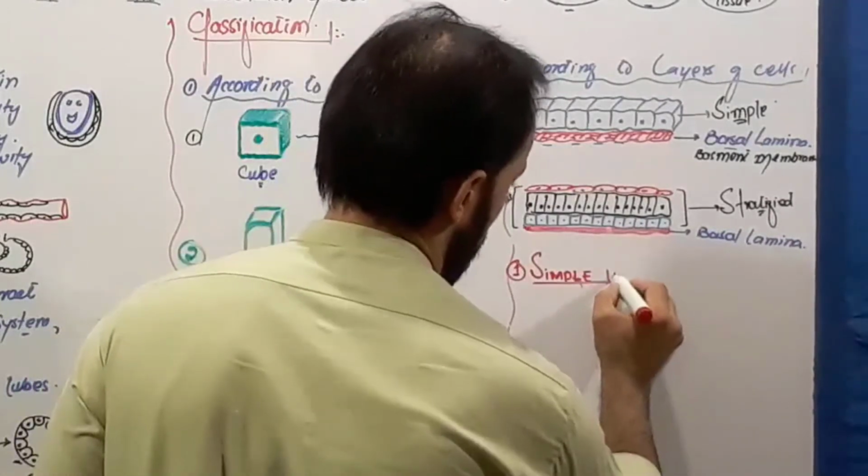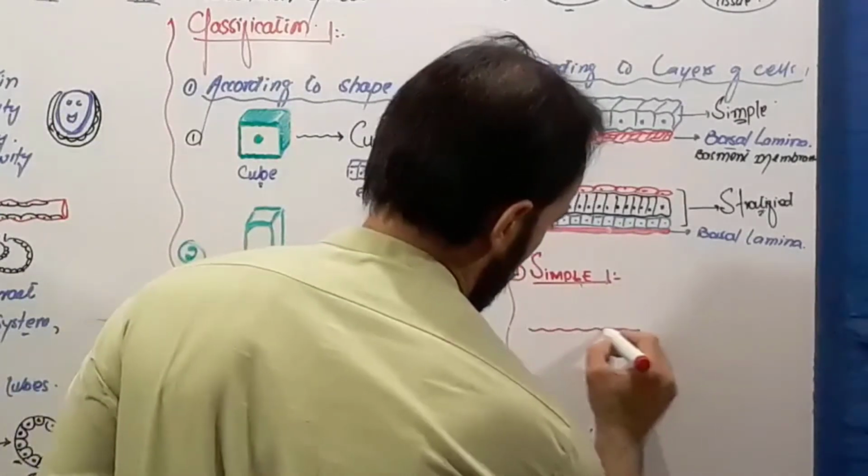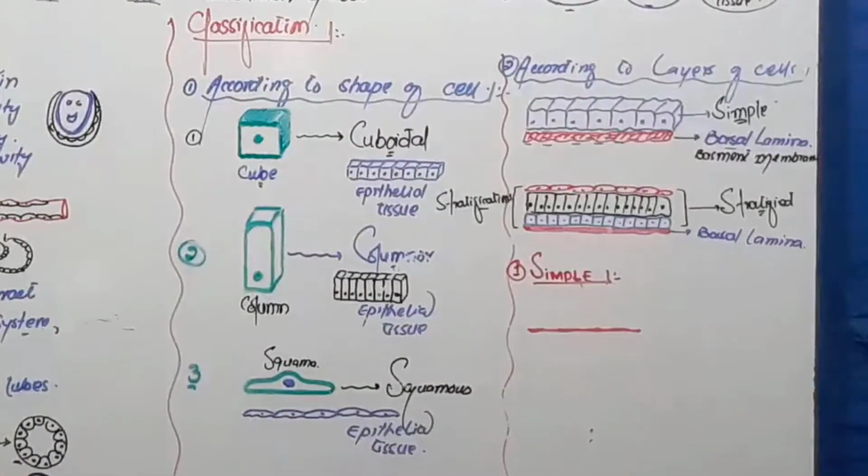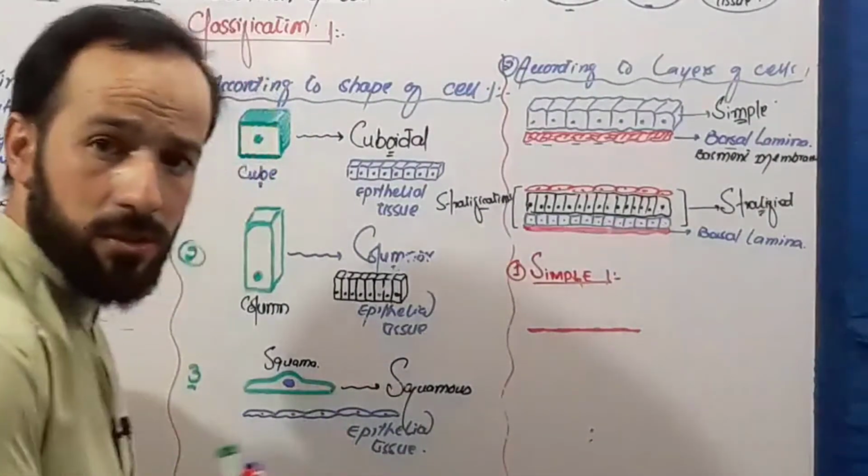tissue. Right. So look, here is a basement membrane. You know this basement membrane that I will discuss later in my coming lectures about epithelial tissue.